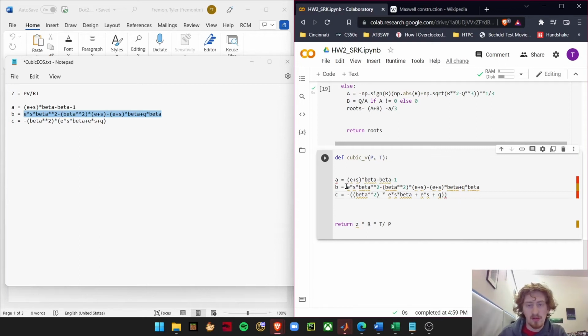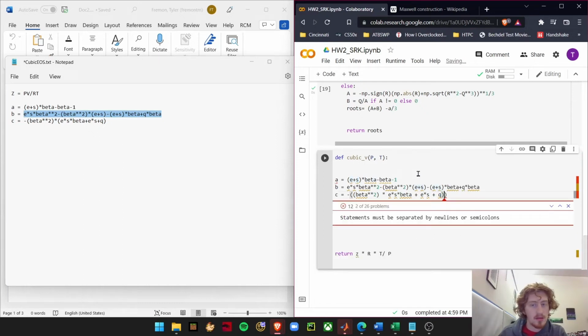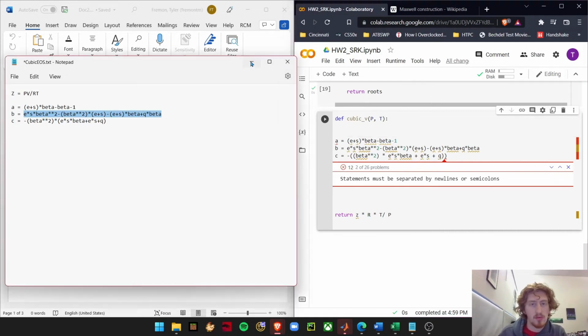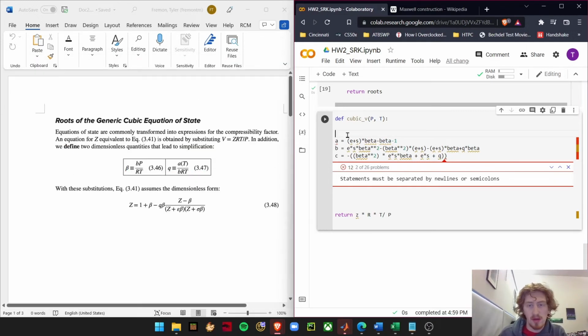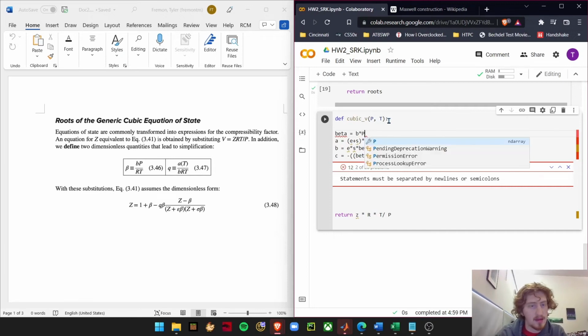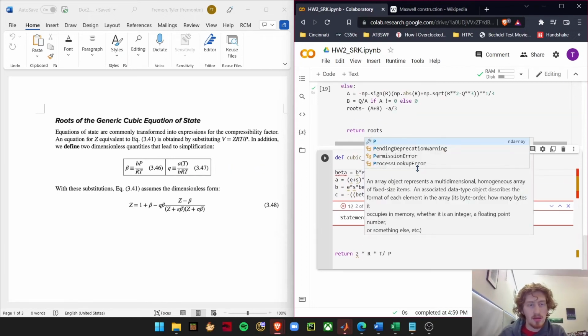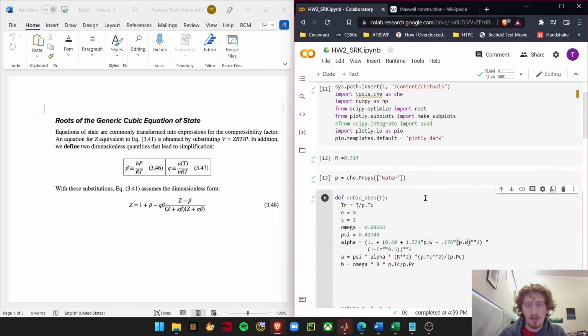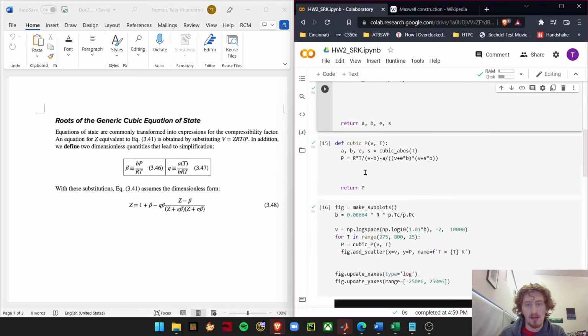And then of course we have to define our epsilon, sigma, beta, and q here. So we know that q, or actually we'll start with beta. Beta is going to be equal to B times P, or B times pressure. And again, these are the B and the A that we solved for all the way up here with their cubic equation of state.